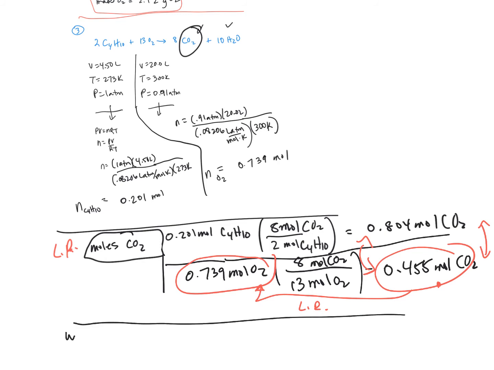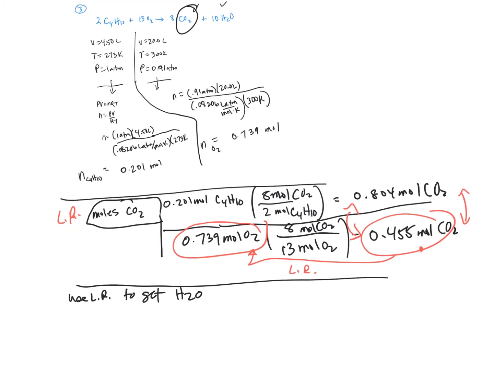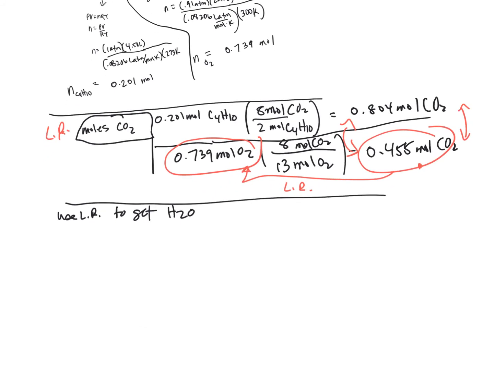Okay, so use the limiting reactant to get the amount of water. And that's a 10 to 13 ratio of water to oxygen. So you're going to use your limiting reactant, which is O2.